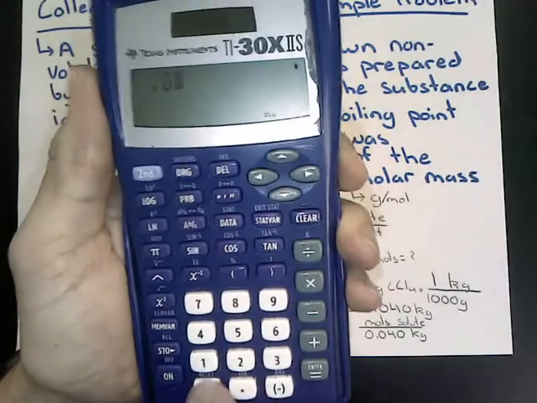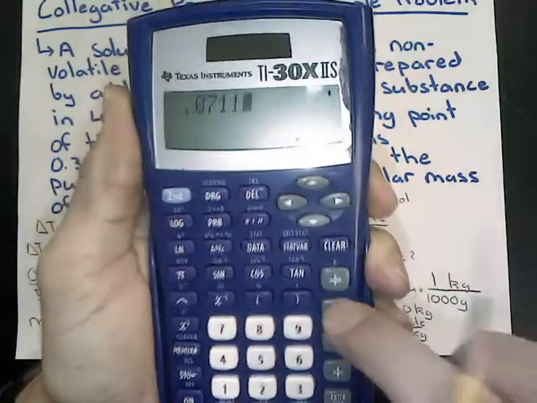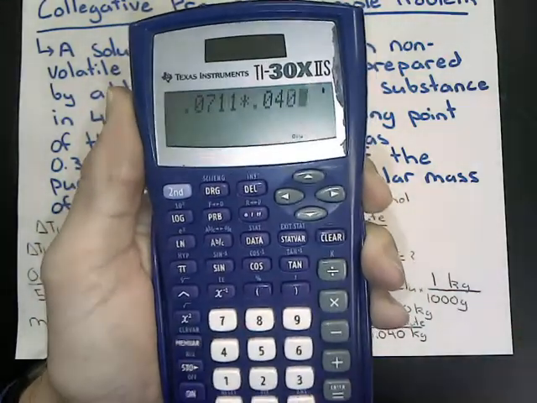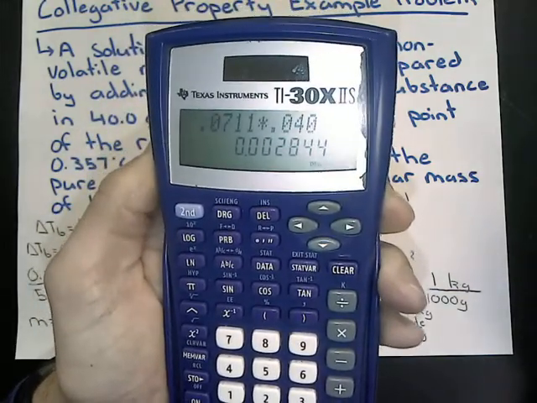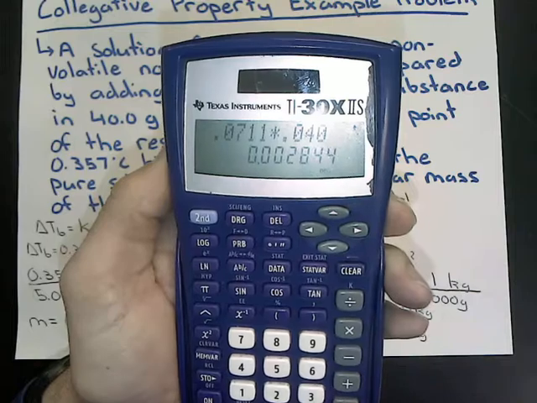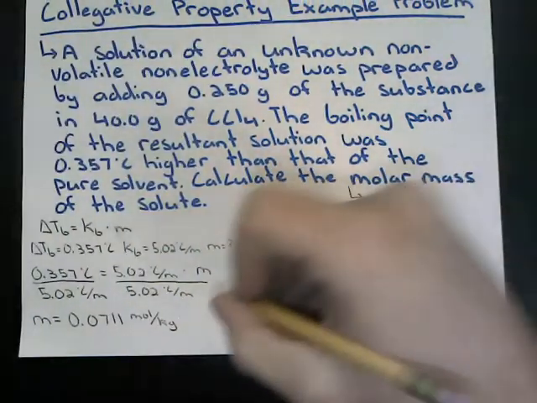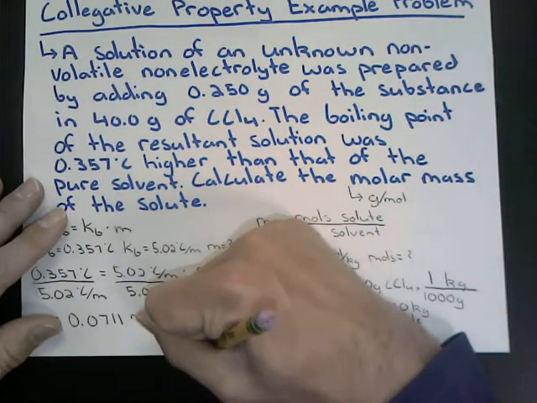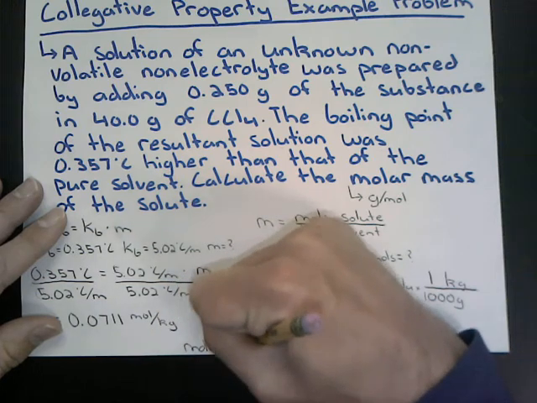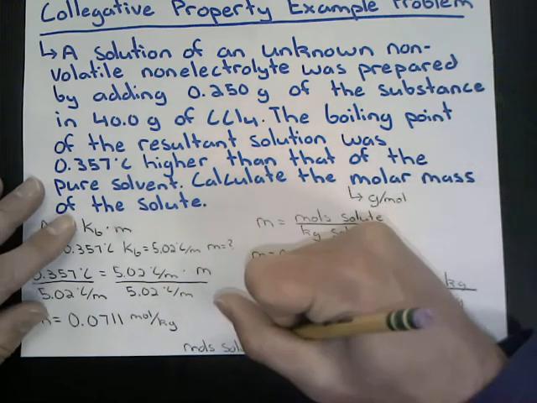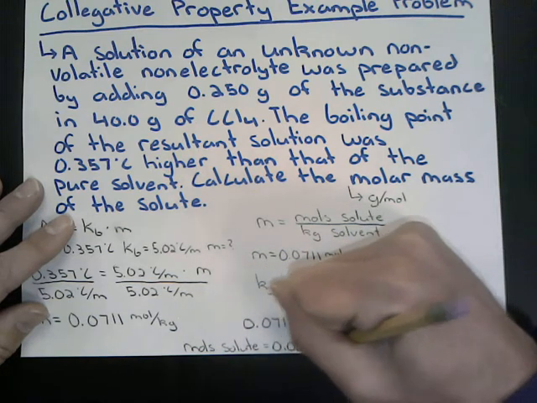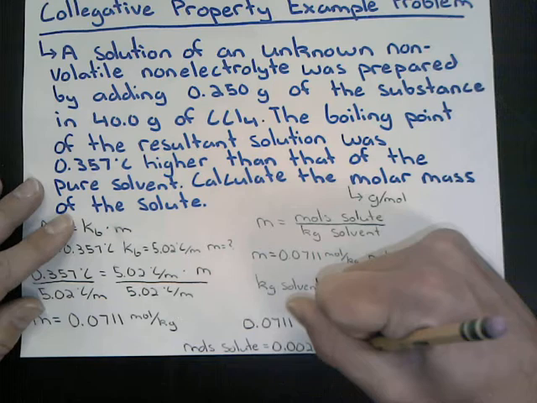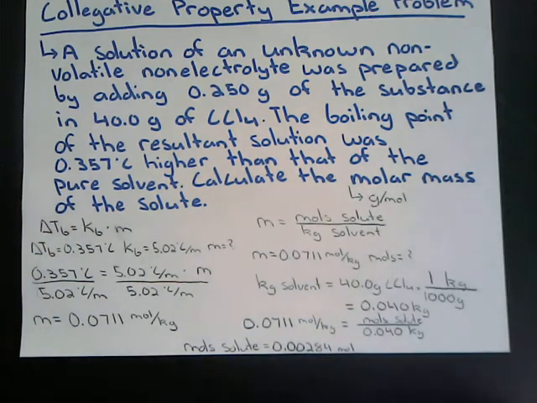So we have 0.0711 times 0.040, and we press enter. Rounding to 3 significant digits, we get 0.00284. So moles of solute equals 0.00284 moles. We're not quite done because we need the molar mass.